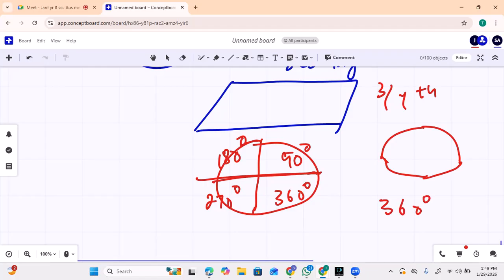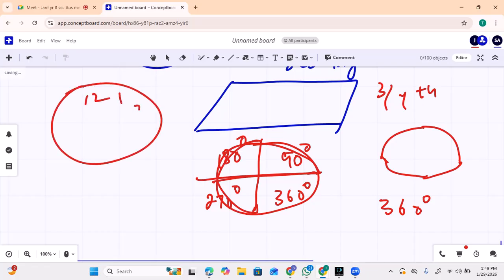So if they're saying rotated by this angle and rotated clockwise, that means I have to rotate like a clock does. If we just look at the clock, it moves like this, this is clockwise and this is anti-clockwise.